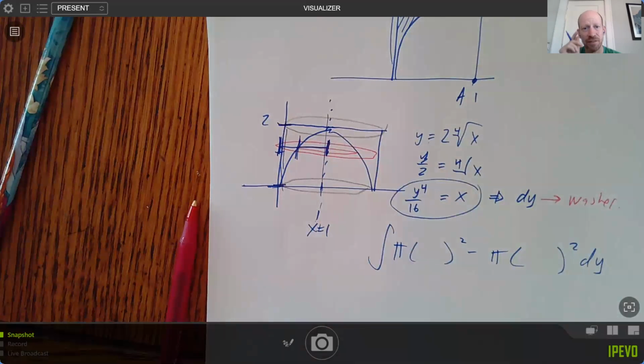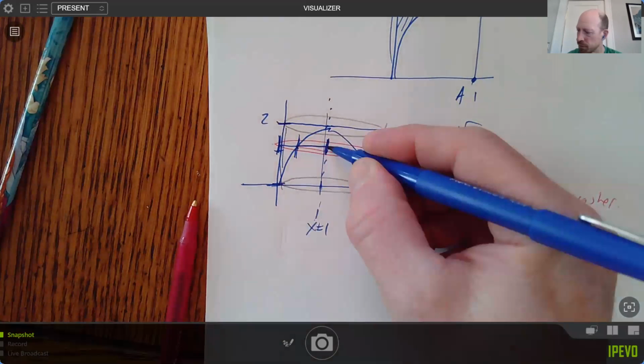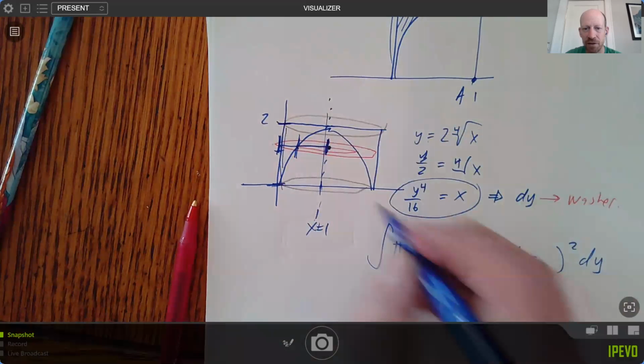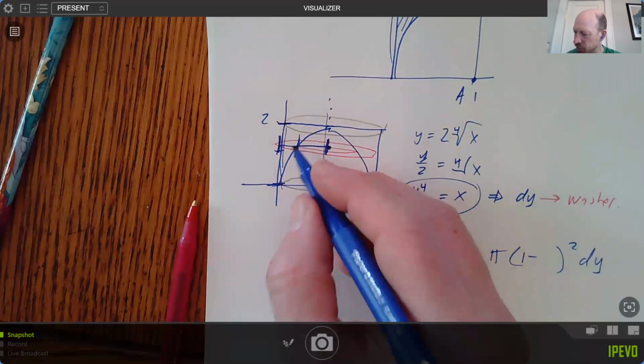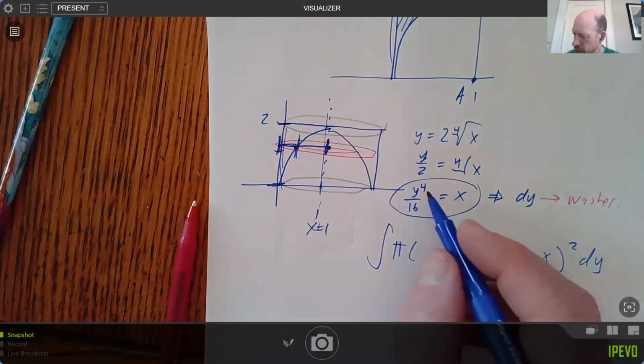Just like we did last time, I want to take the larger value minus the smaller value. So I want this larger value, which is 1, minus the smaller value, which is this x. And I don't want to leave it there.